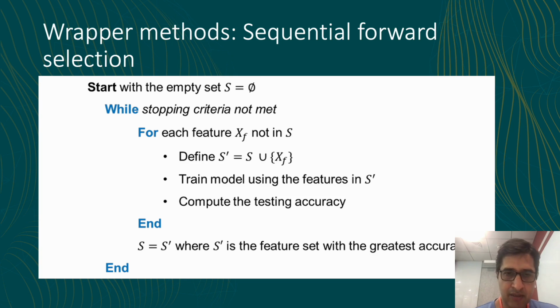So you start the process by having no features at all, and then you find that one feature that gives you the maximum predictive performance. After having found that one feature, you add the next that in combination with the first feature gives you the maximum boost, and so on and so forth. And you end when you find that adding any additional feature actually degrades the model performance.